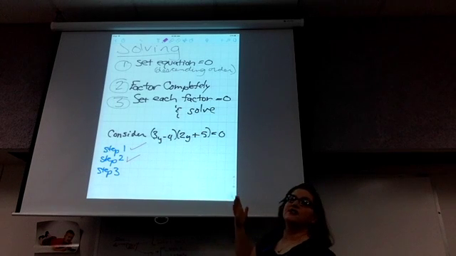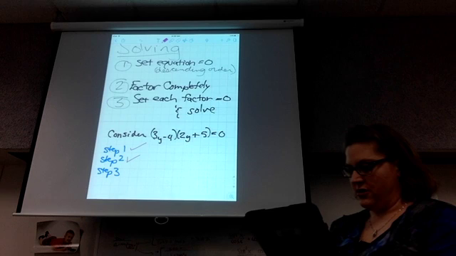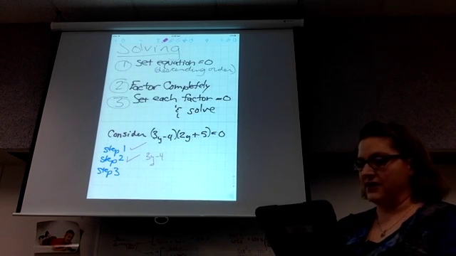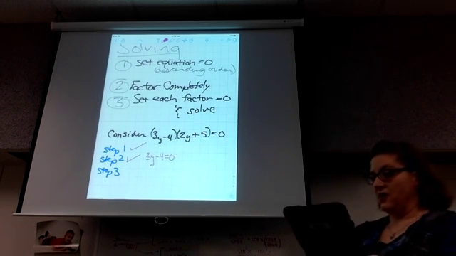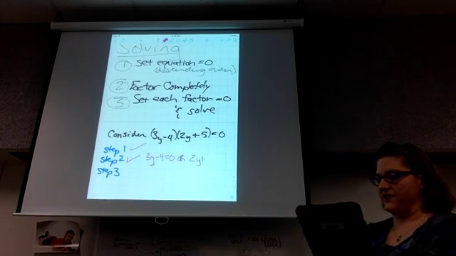I don't know which one, so we're going to find both cases. So that means either 3y minus 4 is going to equal 0, or 2y plus 5 equals 0.